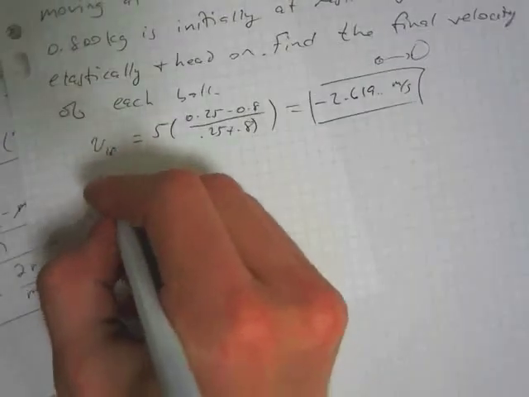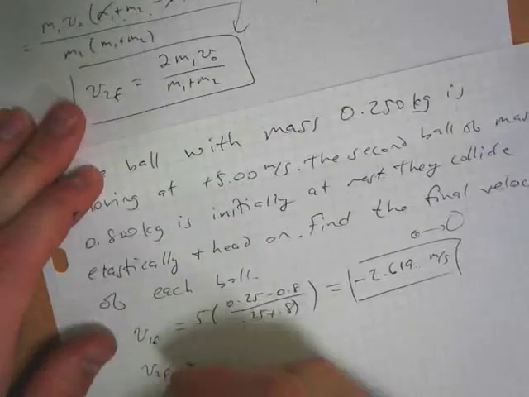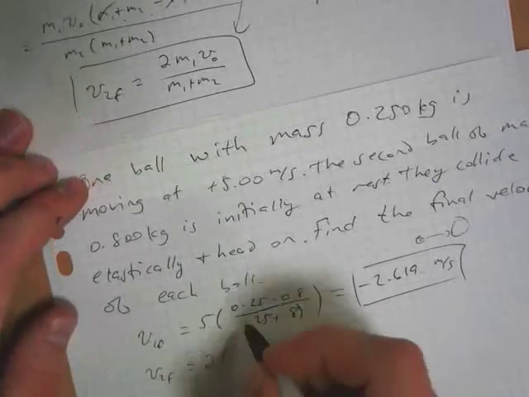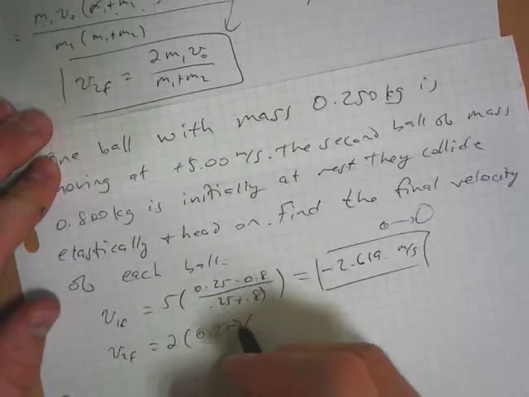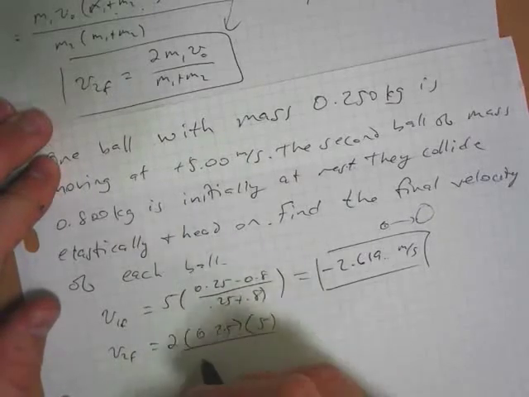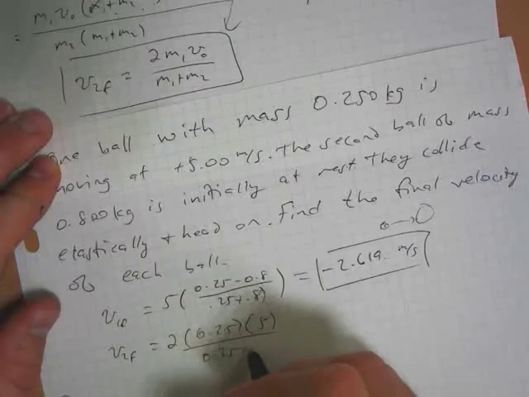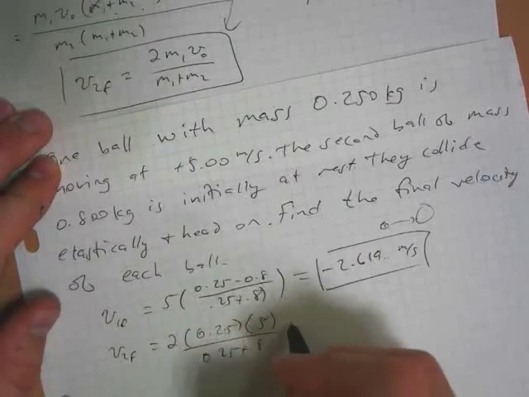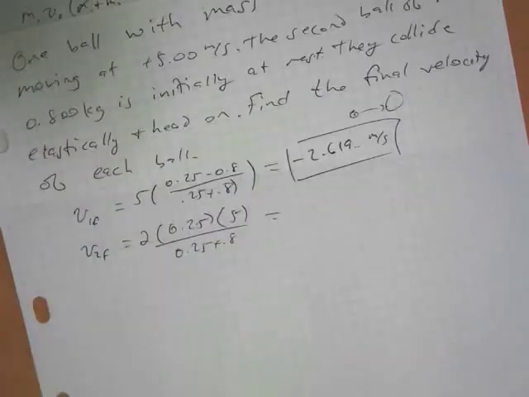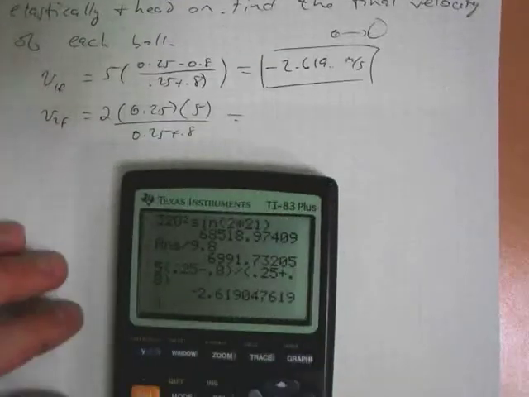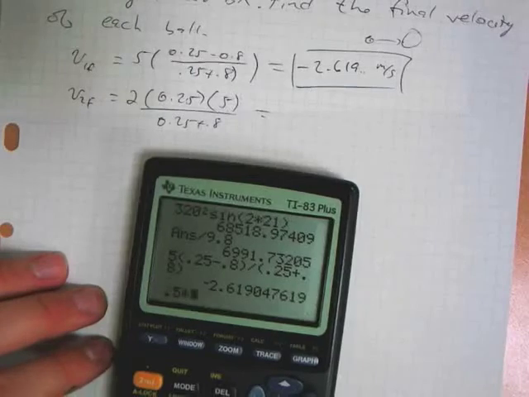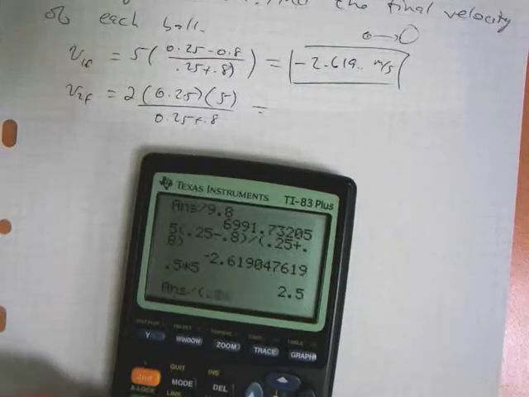V2 final, just plugging in from our equation, is 2 times M1, 0.25, times V naught, 5, over M1 plus M2. And again, we can punch that in. 2 times 0.25 is 0.5 times 5 is 2.5 divided by 0.25 plus 0.8.